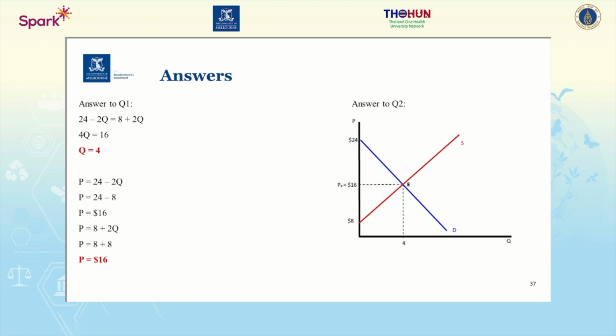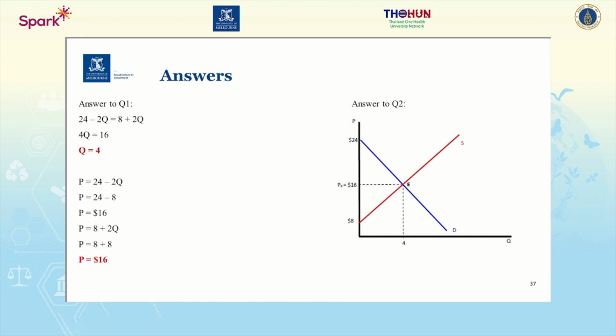So we just set 24 minus 2Q equal to 8 plus 2Q. So straight away we can work out the quantity. That one was more straightforward. To solve for price, we first had to make quantity a function of price. So use some algebra to rearrange, and then we can do this equation here. So in the end, we end up with 16.